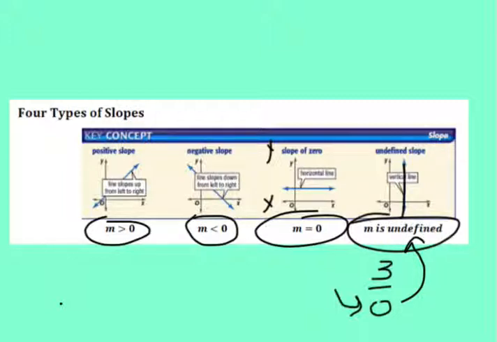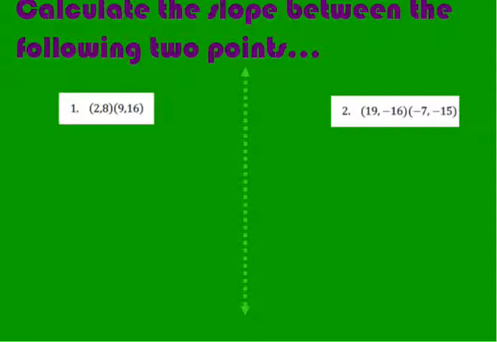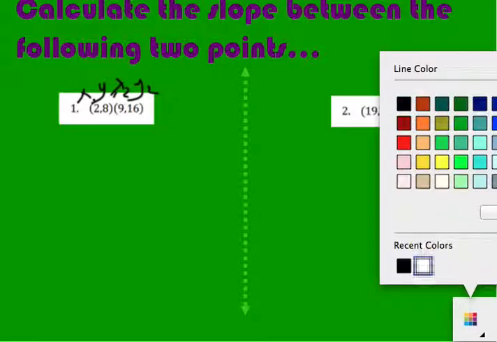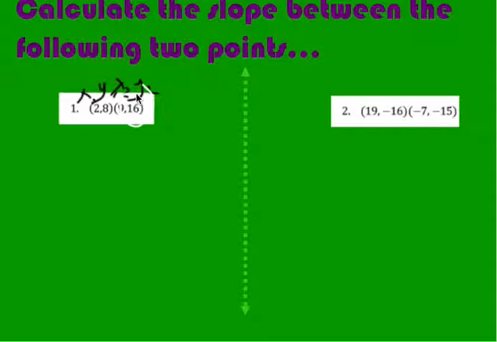So let's go ahead and take a look at some of these calculations. We need to calculate the slope between the following 2 points. I like to go through and actually label it x1, y1, x2, y2. Then I'm going to calculate the slope between them. I'm going to take the second y coordinate, which is 16, and subtract the first y coordinate, which is 8, because I got that here.